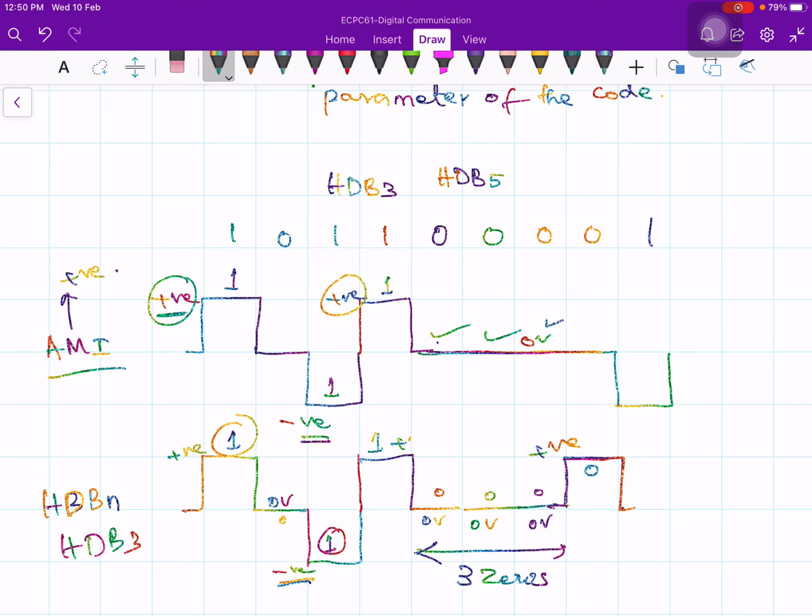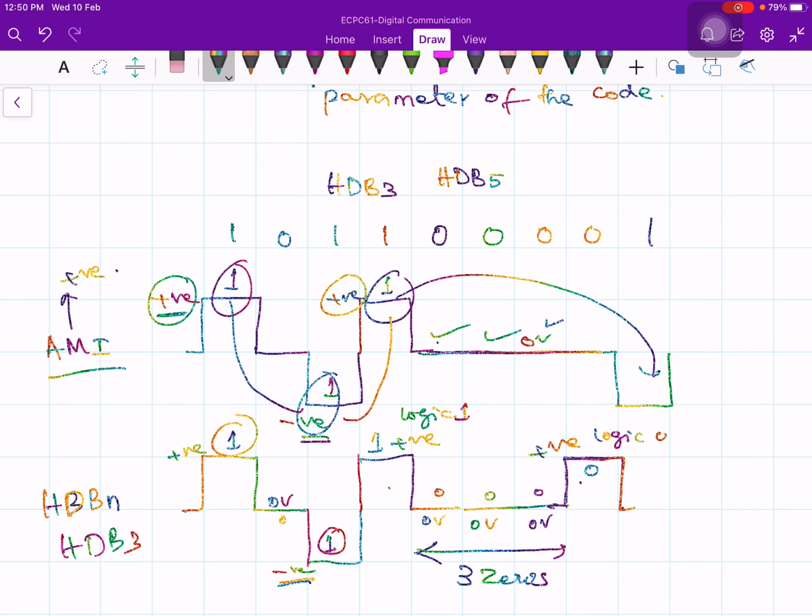So here the 0 is indicated by positive voltage, and here this 1 is a positive voltage. So whenever you encounter positive followed by next positive, then you will understand that the first positive indicates logic 1 and followed by the second positive pulse indicates logic 0. But look at here in the AMI, the positive voltages keep on changing, positive to negative, negative to positive, then positive to negative.